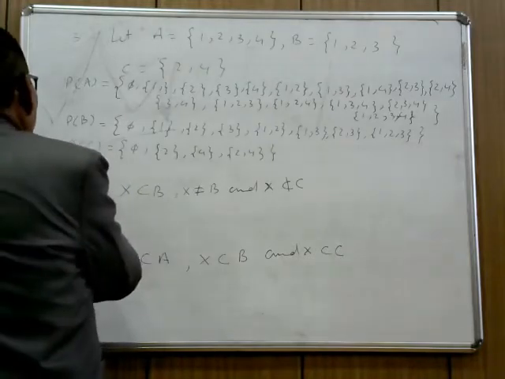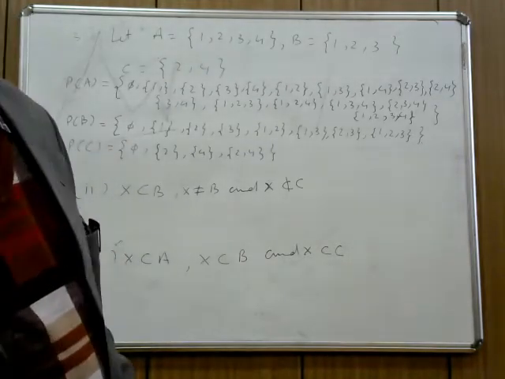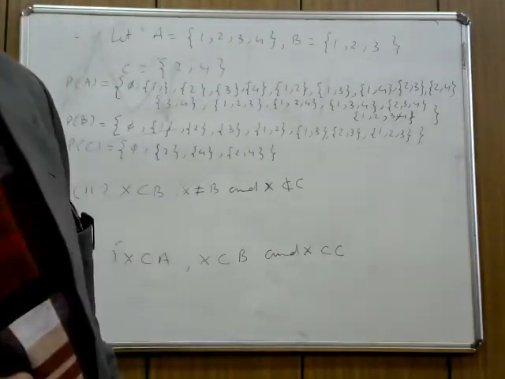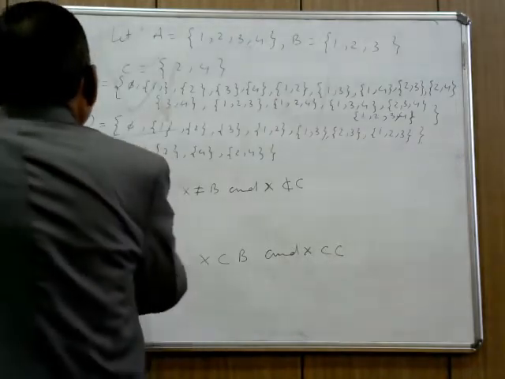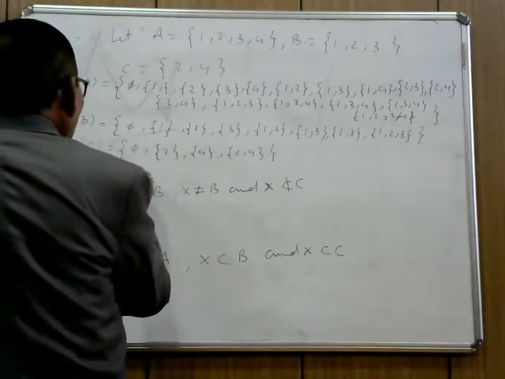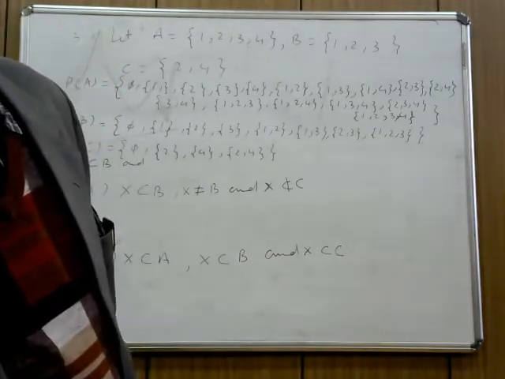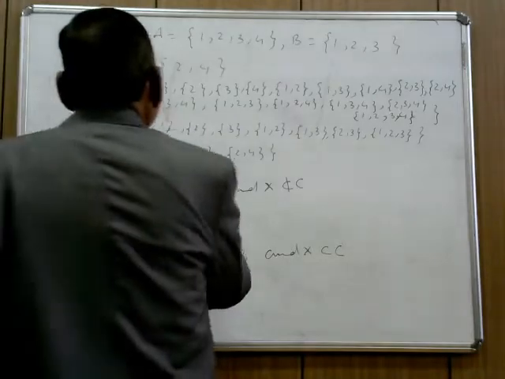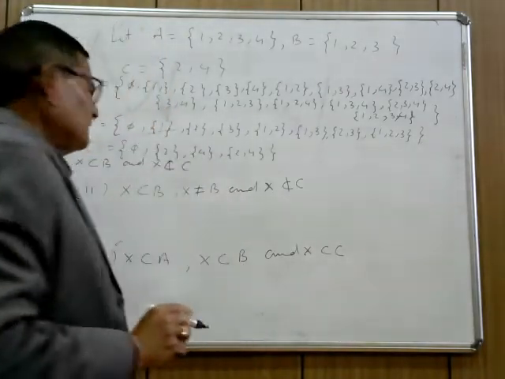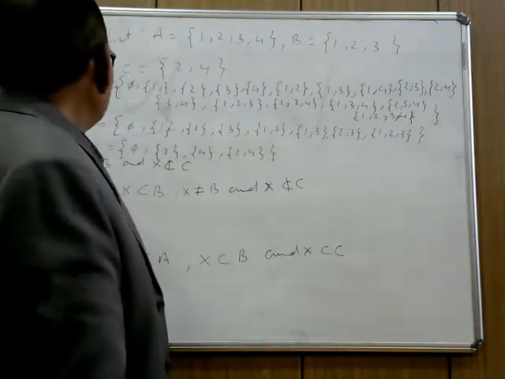Your first question was: find all sets X which satisfy the condition X is a subset of B and X is not a subset of C. X means subsets.